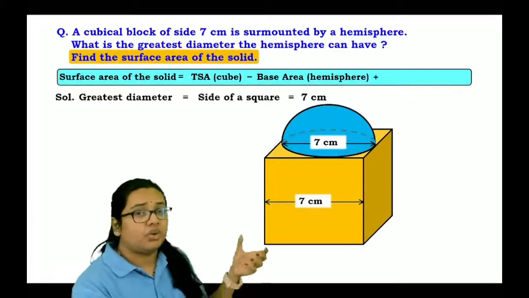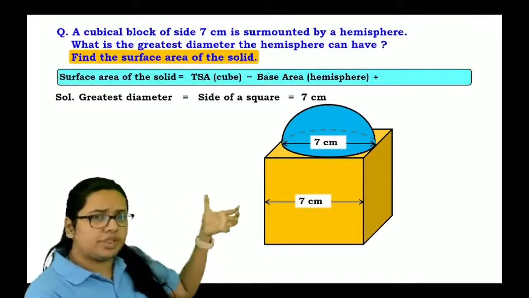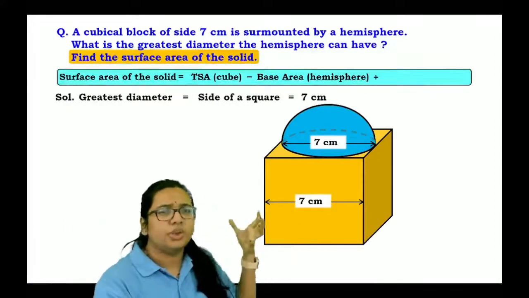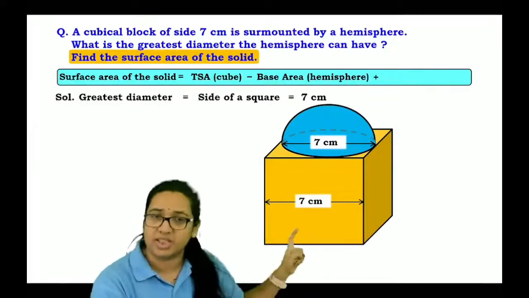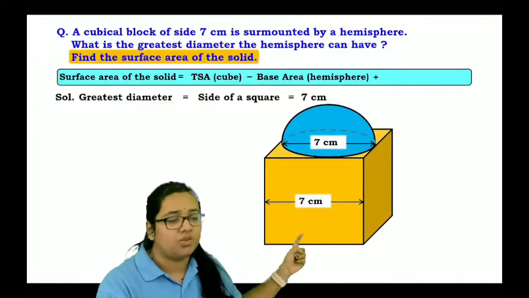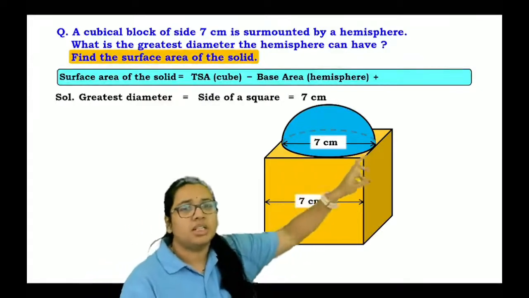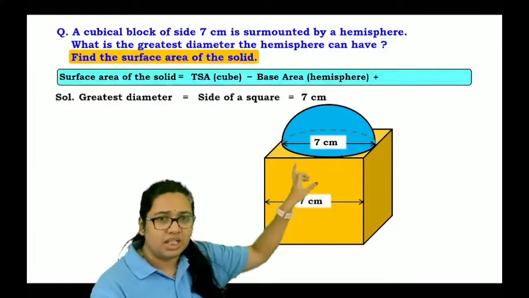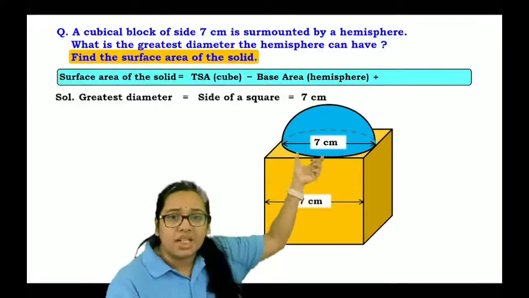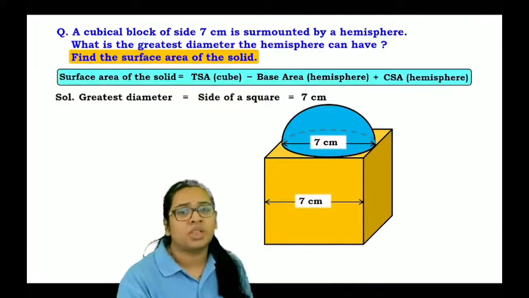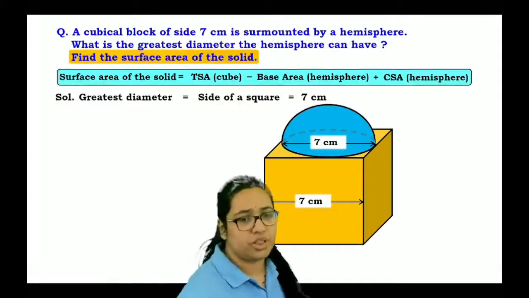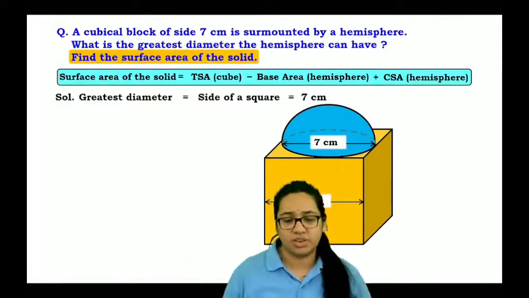So to find the surface area of the solid, first of all we'll find the total surface area of the cube. After that, we'll subtract the base area of the hemisphere, and again add the curved surface area of the hemisphere. Are you getting this one, everyone?